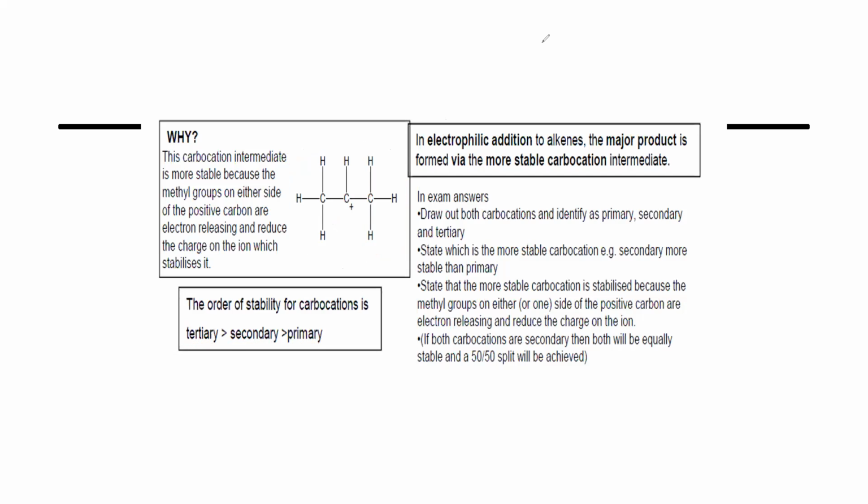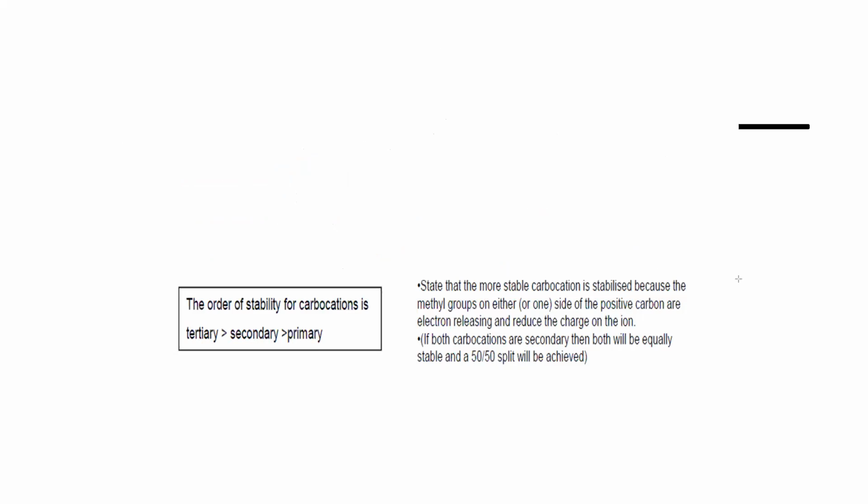So if I draw each of them, there's a carbon connected with three carbon chains. This is a carbocation. So this is known as a tertiary.